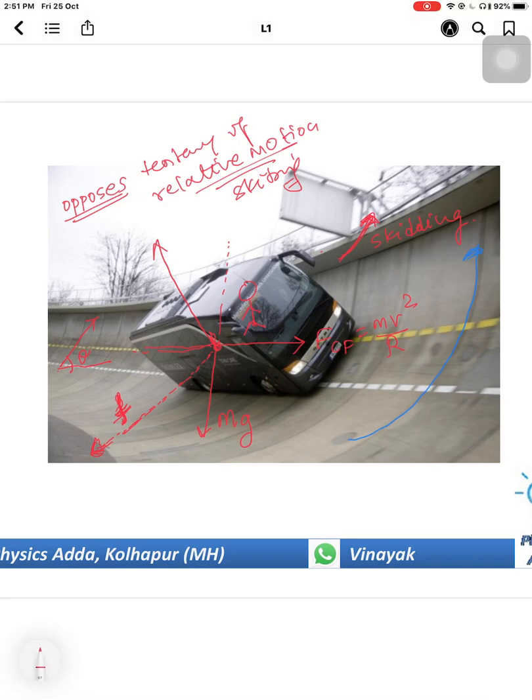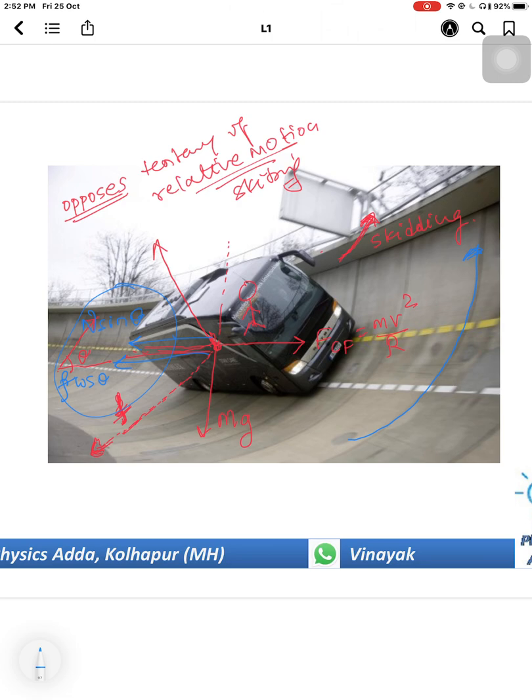And these two components, which are the two components? F cos theta and N sin theta. These two components are responsible to balance the outward force, the centrifugal force, so they will stop the skidding.